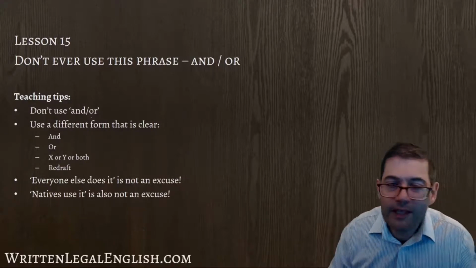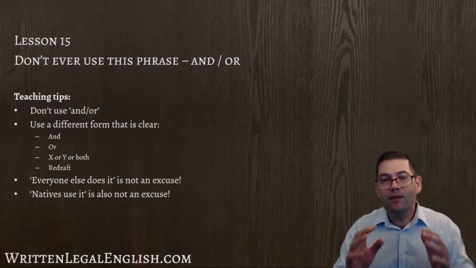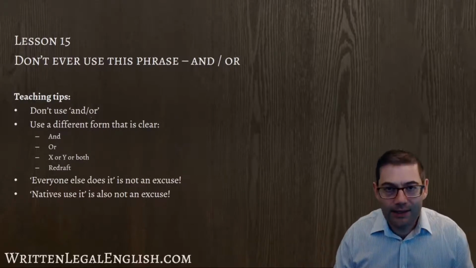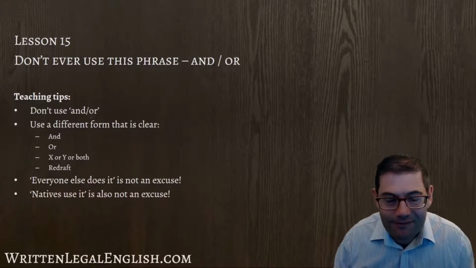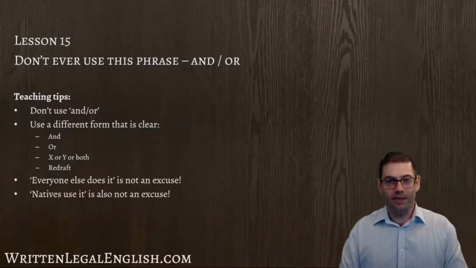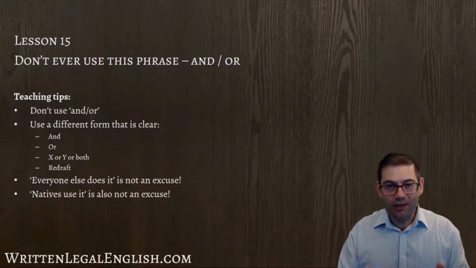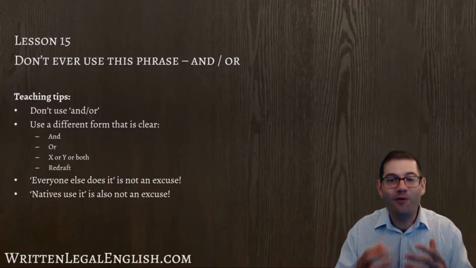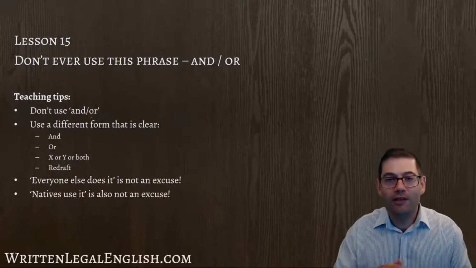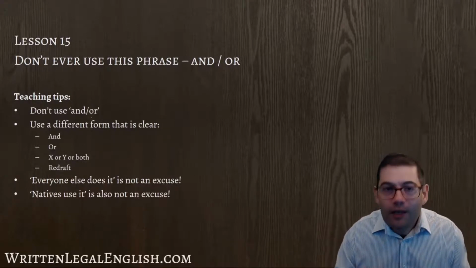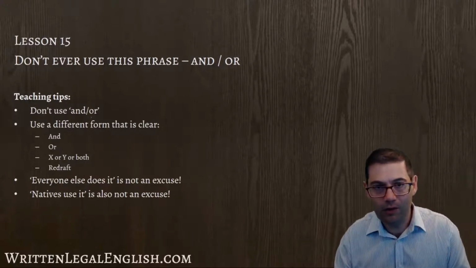And a couple of things to say. In the world of legal writing, everyone else does it is not an excuse. I know everyone else does it, and everyone else is wrong. The judges have told us that everyone else is wrong. So just because someone else does it wrong does not mean you have to do it wrong.